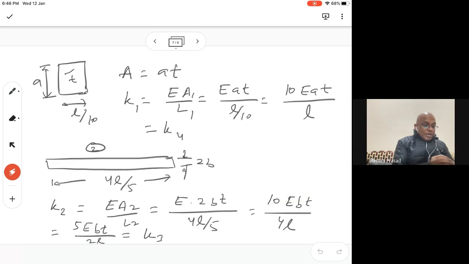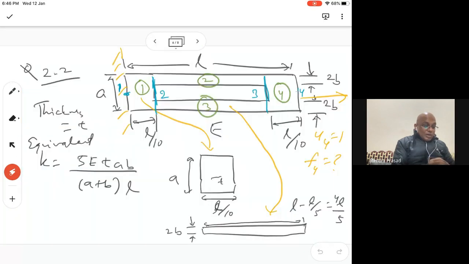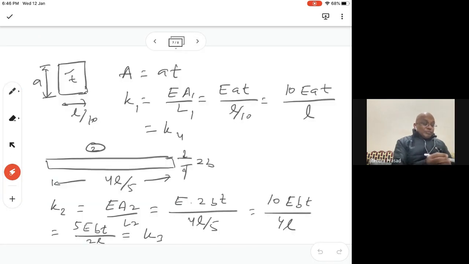Finally this will be between node number 2 and 3, this is also node 2 and 3, this also node 2 and 3. So if you write for this one, then similarly this also will be at the same place, but we will be adding. So simply we can also have this multiplied by 2 and place it.